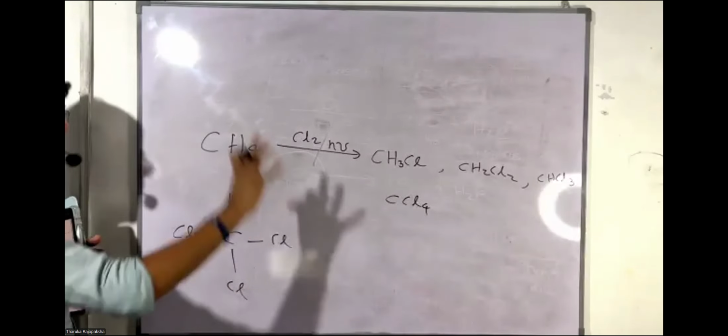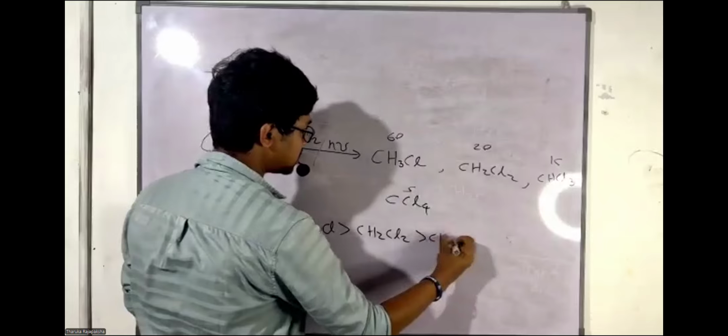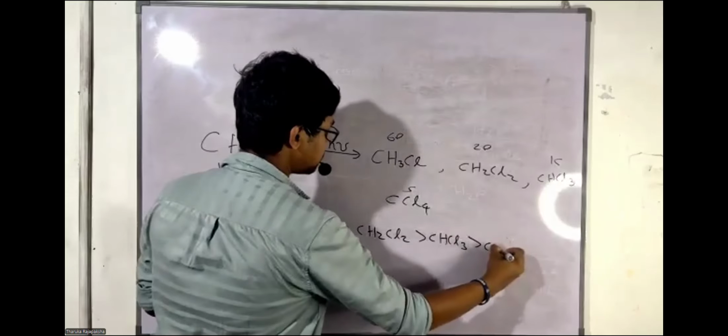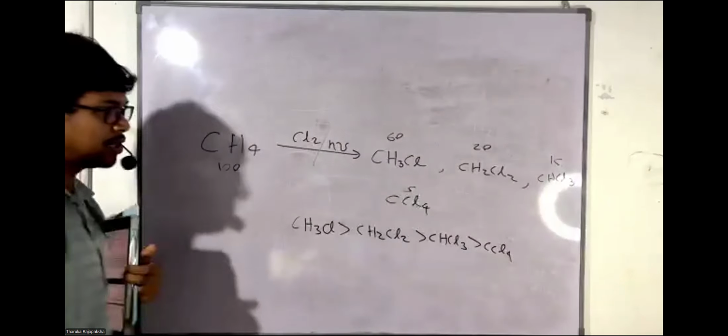And then this is 15 and this is 5. Something like that. So the concentration order will change like this. CH3Cl is the major product. That's the most forming product. And then you have CH2Cl2, and then you have CHCl3, and then CCl4. Write this in your note.